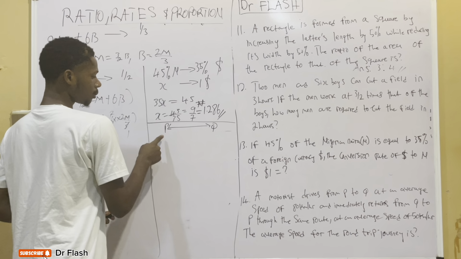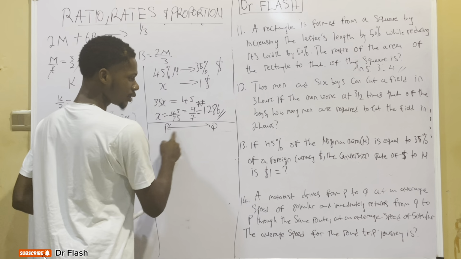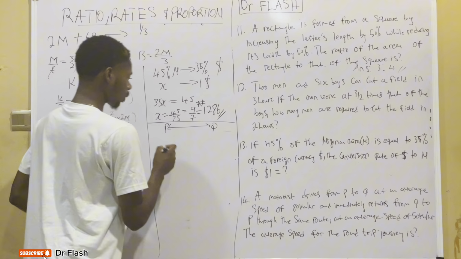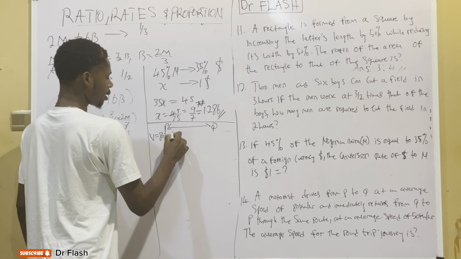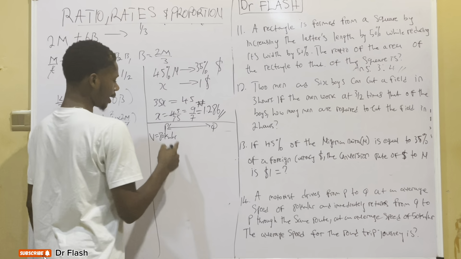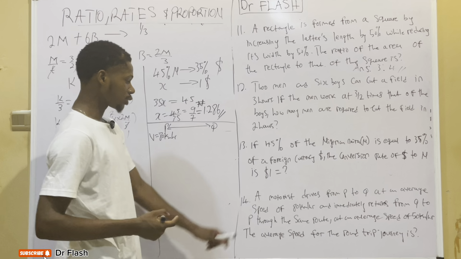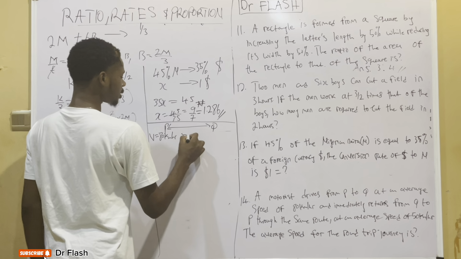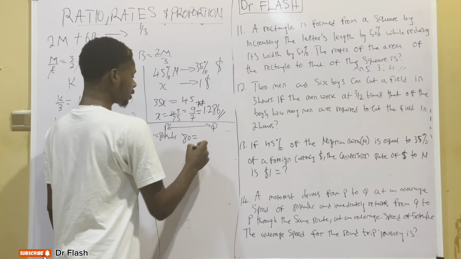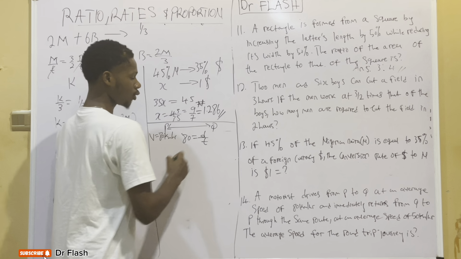So when the motorist travels from P to Q, the velocity V was 80 kilometers per hour, and the distance is constant simply because it travels through the same route, which means 80, which is speed, is equal to the distance, which is constant, over time.